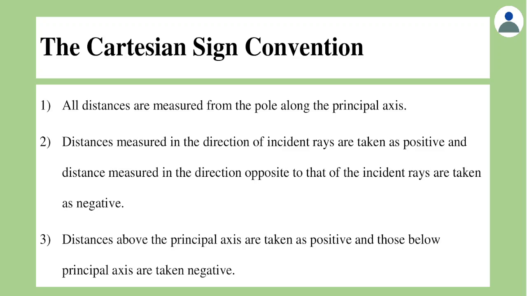The next thing we have here is called Cartesian sign convention. Cartesian basically means it's like the x, y, z coordinate system. It's called the Cartesian system. To make sense out of it, we can think of a concave mirror.